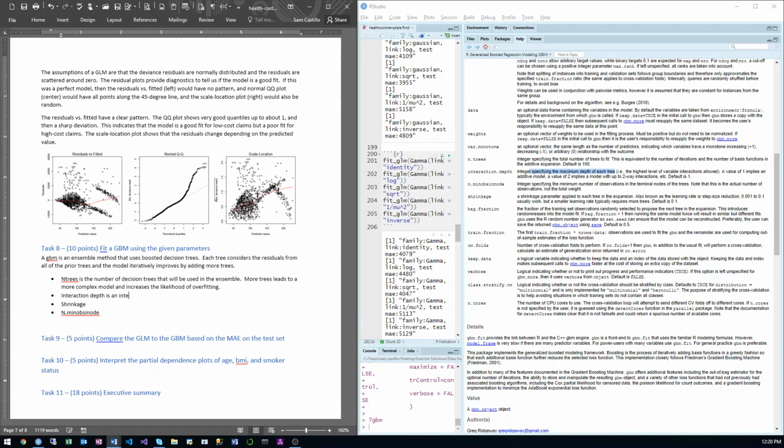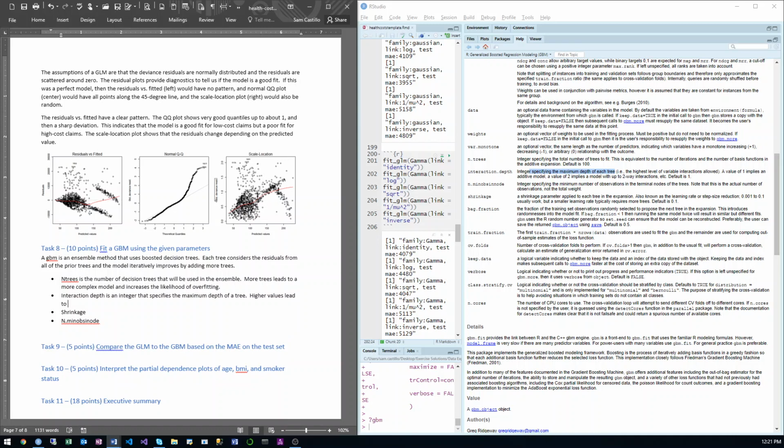So higher values lead to deeper trees, which means that more variables are used and overfitting becomes easier, right?